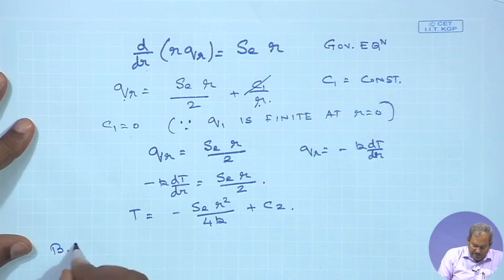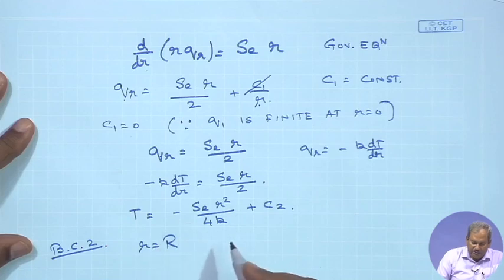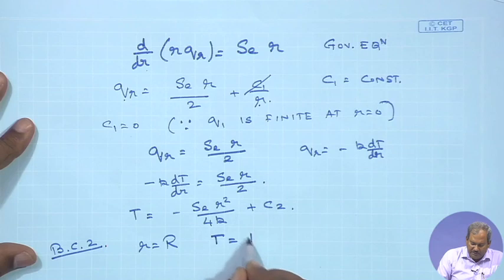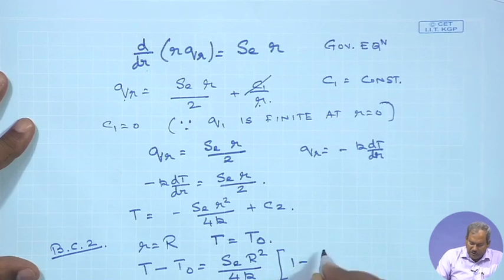And the boundary condition 2 could be that at r equals R, that is at the outer edge of the electrical wire, the temperature is some known temperature T0, and if you use this boundary condition, then the temperature distribution would simply be equals S_e R square by 4k times 1 minus small r by capital R whole square.